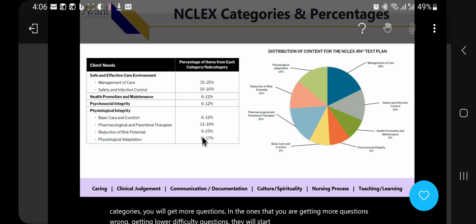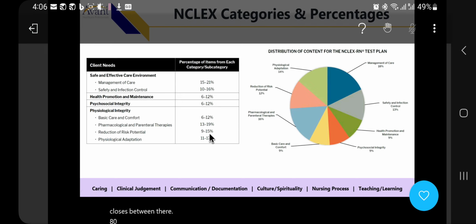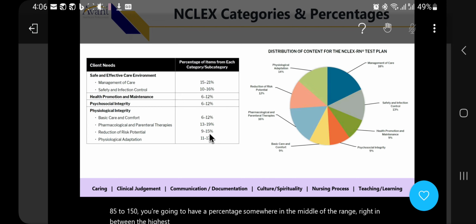They will start presenting you more questions all the way up until you get to question 150. When you get to question 150, your breakdown is going to look like this, the higher percentage of questions in the exam. Now, if your exam closes between there, 85 to 150, you're going to have a percentage somewhere in the middle of the range, right? In between the highest end and the lowest end of that particular category.